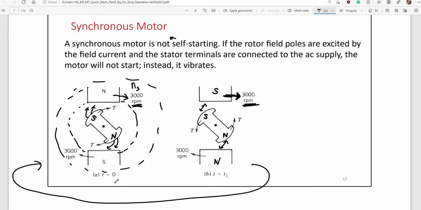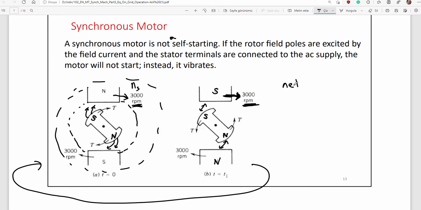A stator's rotating magnetic field runs at a very high speed, so rotor tries to catch, it will be attracted and it will be repelled, and then it will be attracted and then it will be repelled.